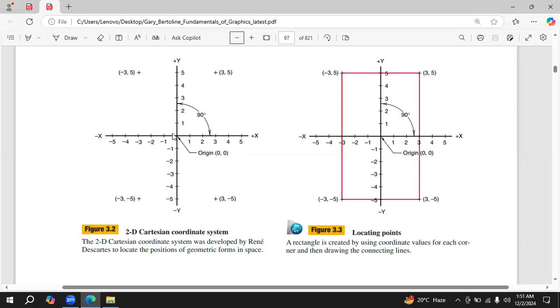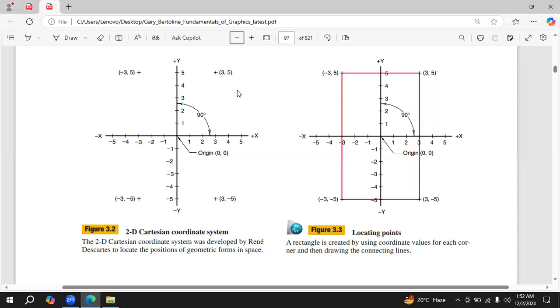So, first of all, in a coordinate system, you have two types: the world coordinate system and the user coordinate system. For now, when we are talking about the Cartesian system in a generalized way, ultimately we are talking about the world coordinate system, that is WCS in short form.